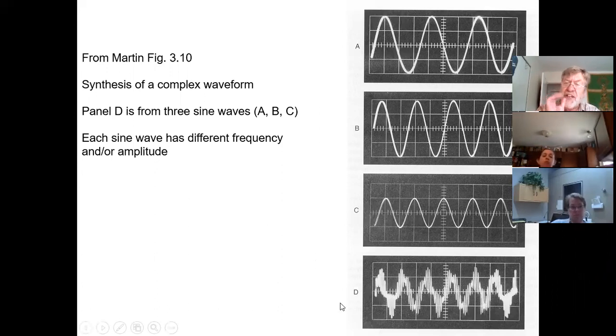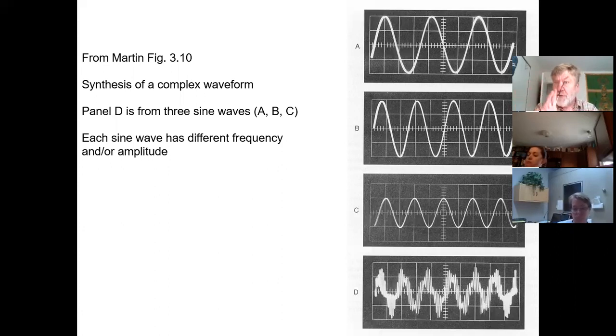Now look at D. It's jagged, but you can still see some pattern to it, can't you? There's still a rhythm to it. There's still kind of a repetitive pattern to it. And that means that the sound is going to be tonal.